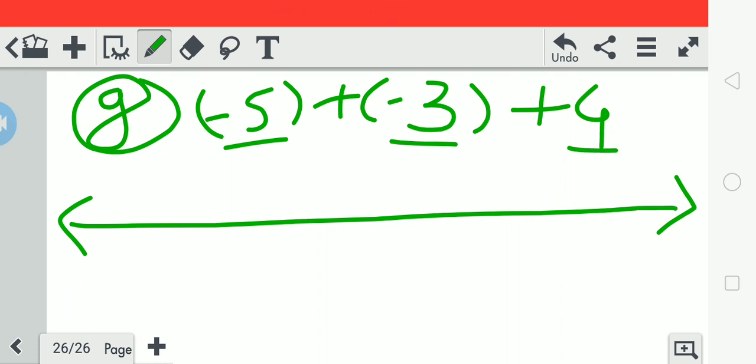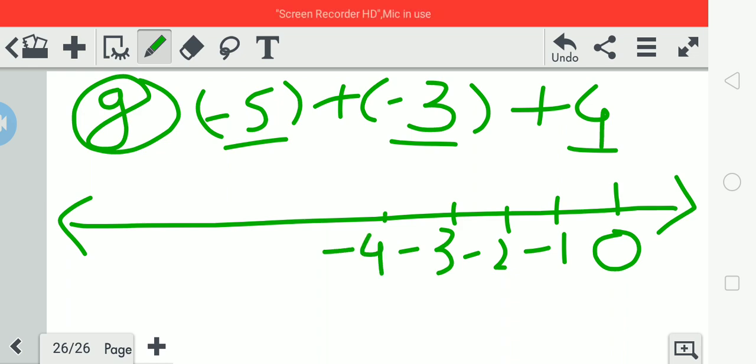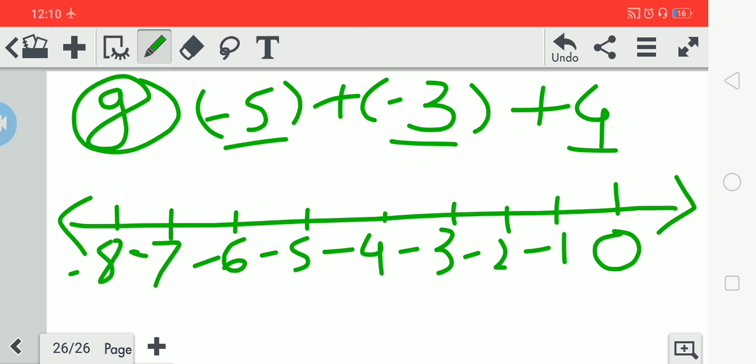Okay, draw the number line. 0 minus 1 minus 2 minus 3 minus 4 minus 5 minus 6 minus 7 and minus 8. Okay, now first is minus 5, so take a direct jump from 0 to minus 5.